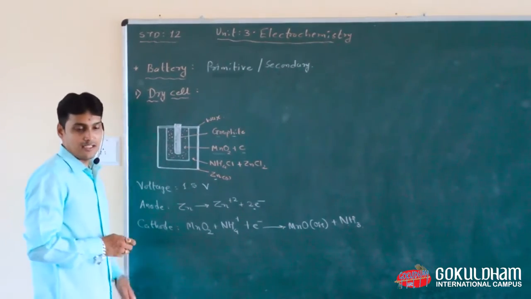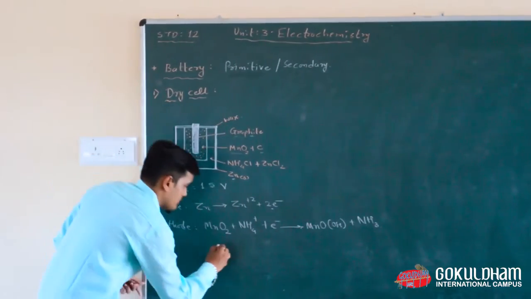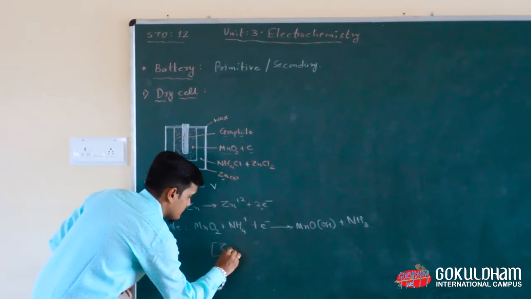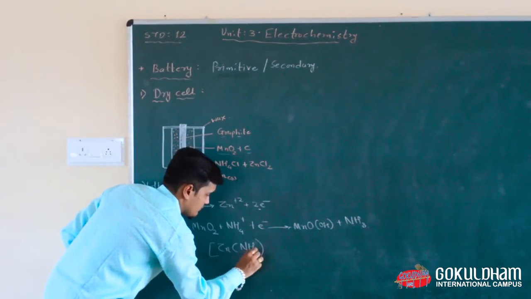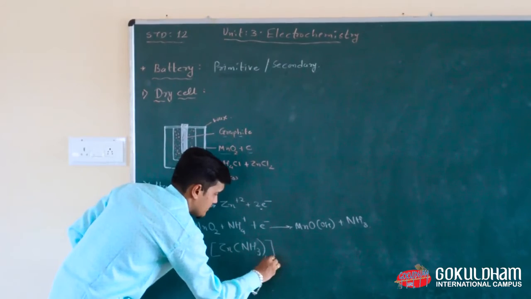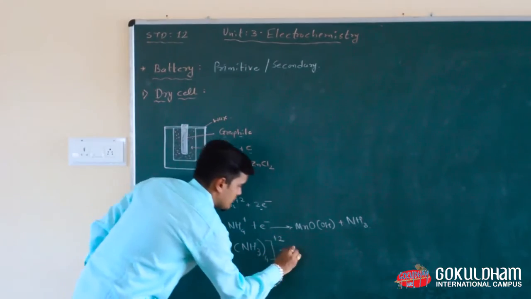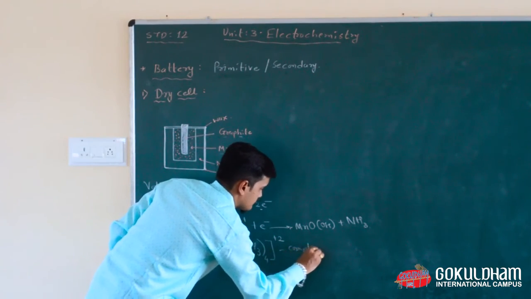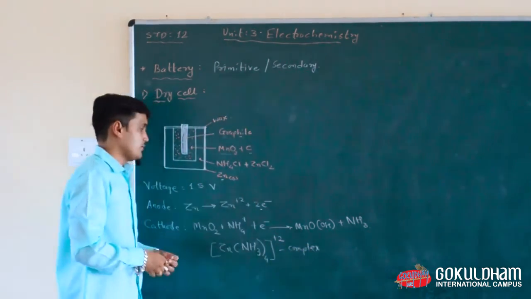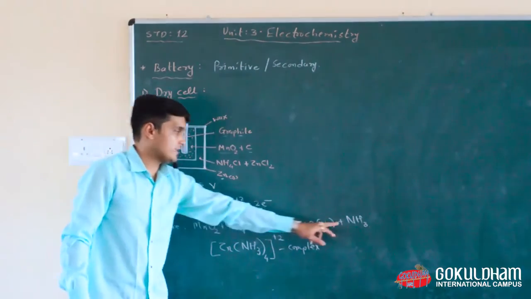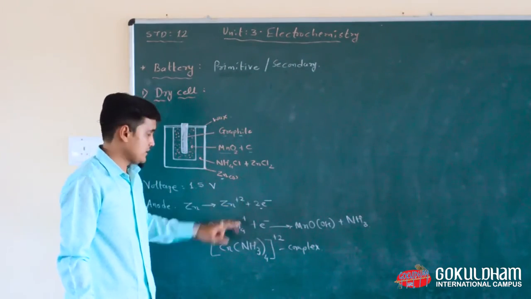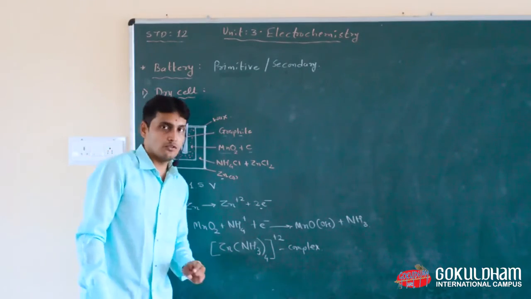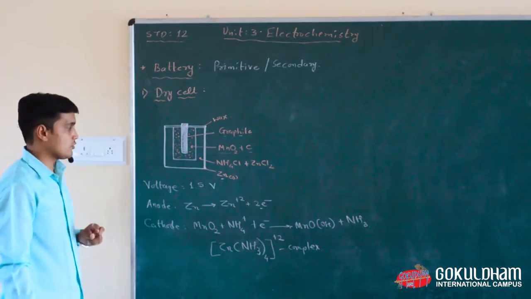In between those chemical reactions, this complex Zn(NH3)4 2 plus will form during the chemical reaction, where the ammonia reacts with Zn2 plus and forms the Zn(NH3)4 2 plus complex.